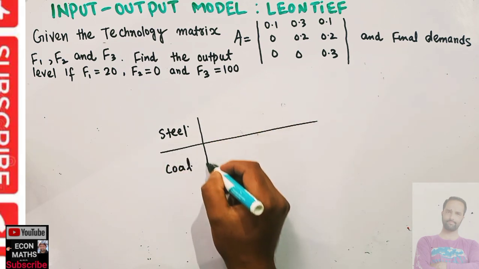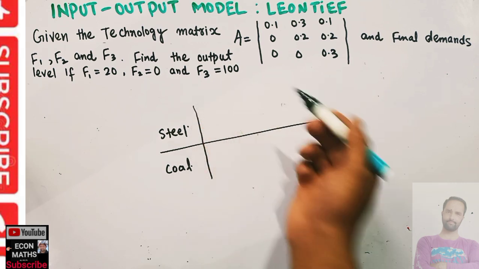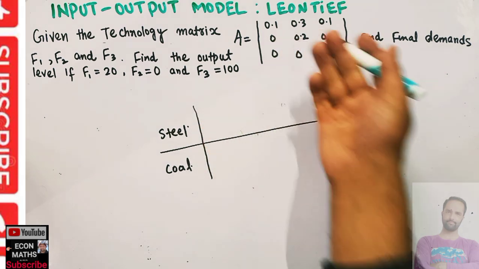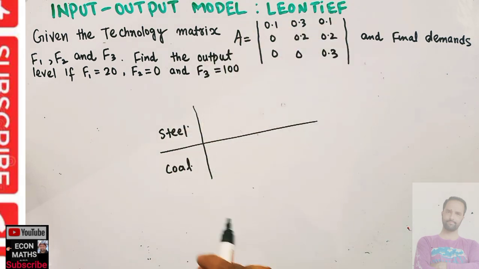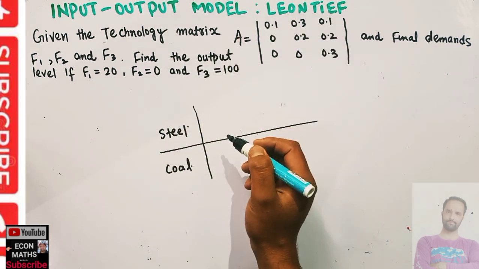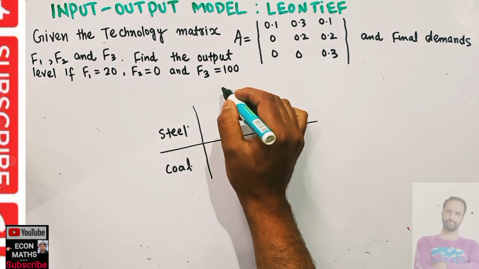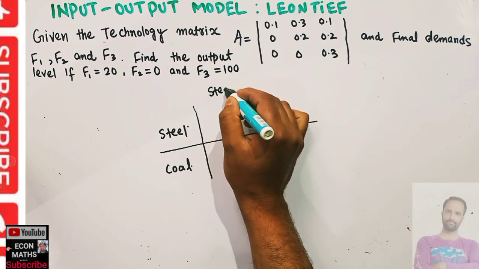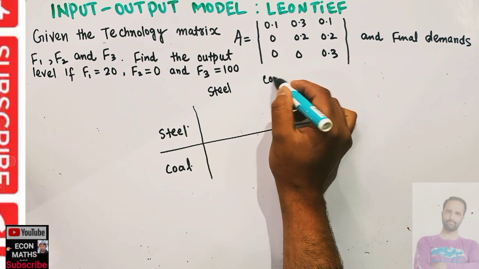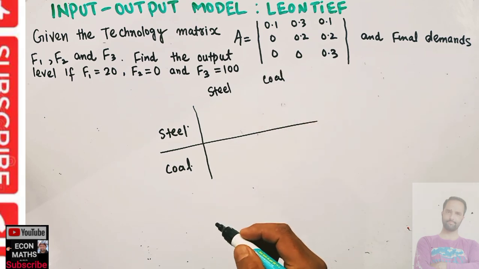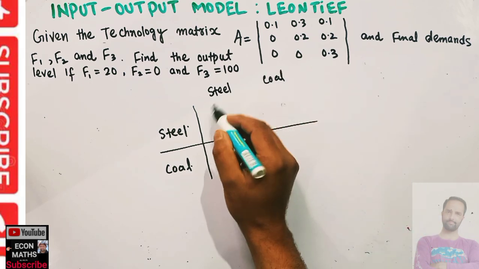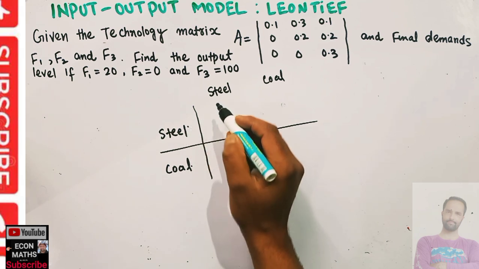I'm just trying to give the interpretation of how we form this technology matrix, then I will solve this question. It will make more sense.